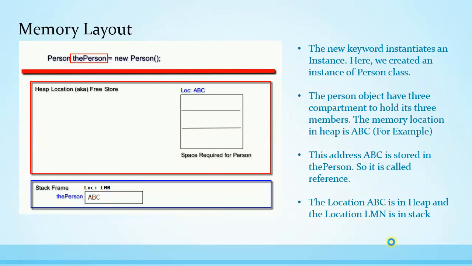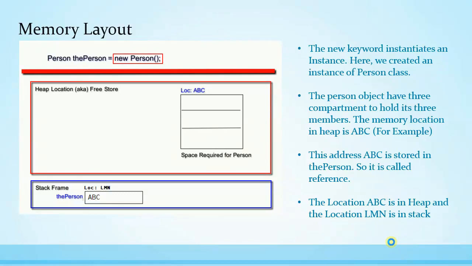Person is the type, the class type, and person is the reference. Then on the right hand side of the equals sign, we are actually creating the object. So let us forget about the left hand side, we will concentrate on the right hand side.